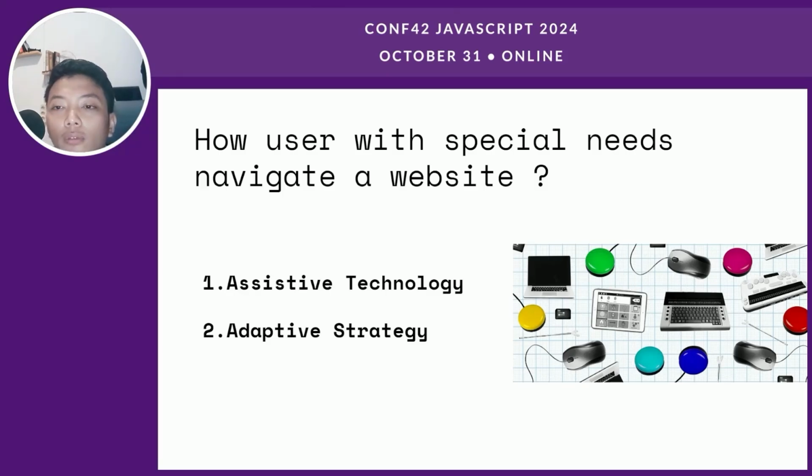When we talk about adaptive strategy, it's more about the features in your web application. You have zoom in, zoom out, and many settings on your application. You can change the font color, font size, etc. It's more of a strategy of how your website approaches the problems.